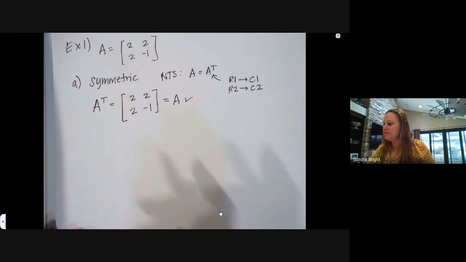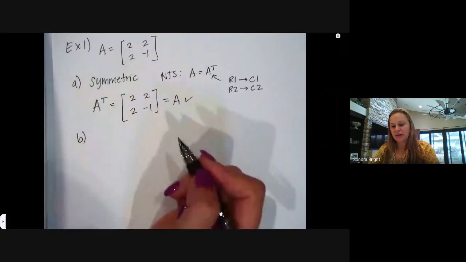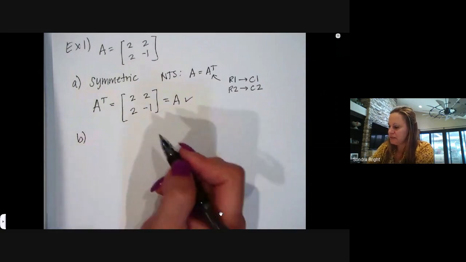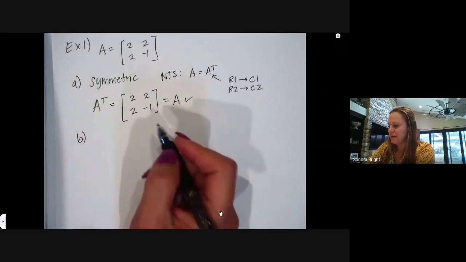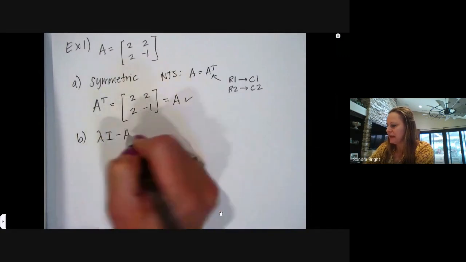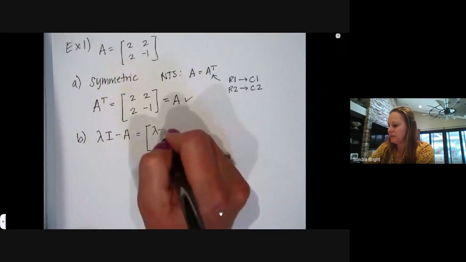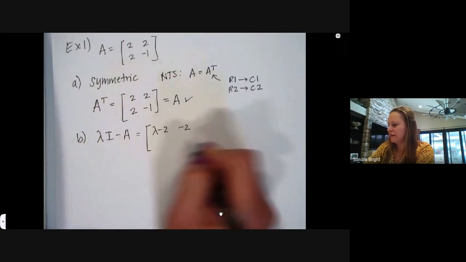The next thing they want us to find are the eigenvalues and eigenvectors. To find the eigenvalues, remember you need to do lambda times the identity matrix minus A, which will give you lambda minus 2, 0 minus 2, 0 minus 2, and then lambda minus negative 1.